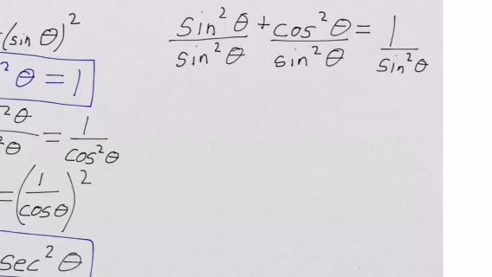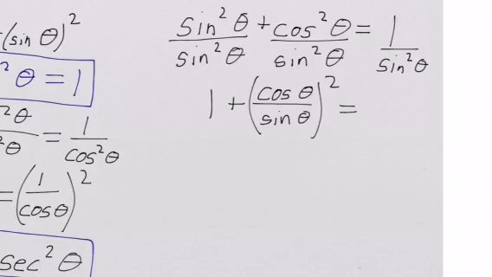So again, sine squared theta over sine squared theta is just 1. And then cosine squared theta over sine squared theta is the same thing as cosine theta over sine theta, whole thing squared. And then on the right hand side I can say 1 over the sine of theta squared.